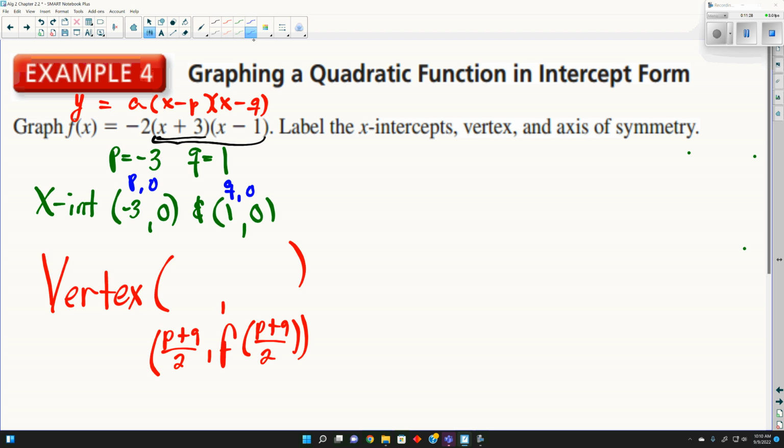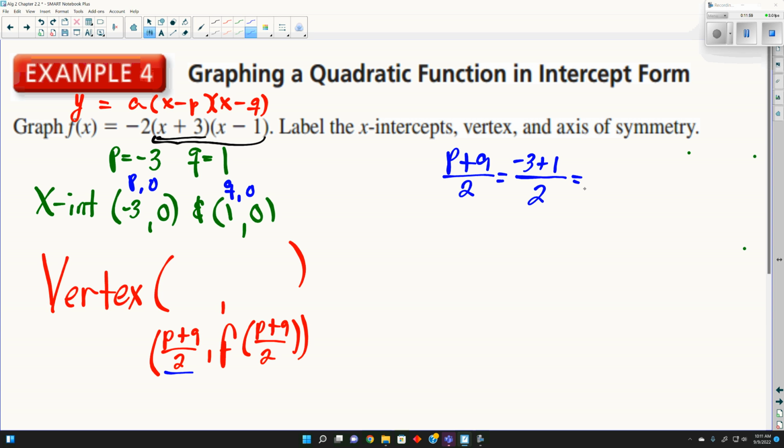Well, the first thing we need to find is (p + q) / 2, yes? What's the value of p? Plus 1 over 2. It could have been 1 plus -3. It could have been either way. It doesn't really matter. We're just adding those two numbers together. And again, at this point here, we could plug this all into a calculator.